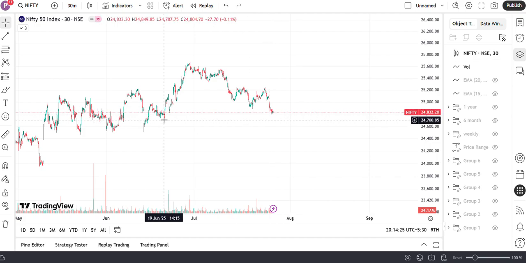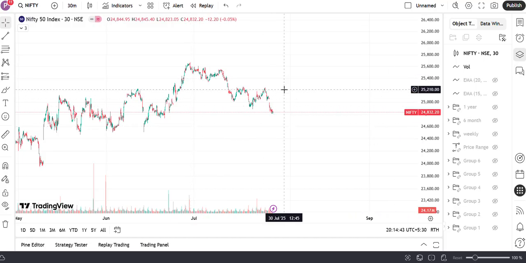And if you see the nearest support, somewhere around 700 we have one good support, 650 to 700, and next support is around 500. So 700 and 500 are the support region for this week. And resistance, you all know, is 25,200. So market is expected to trade between 24,500 and 25,200.